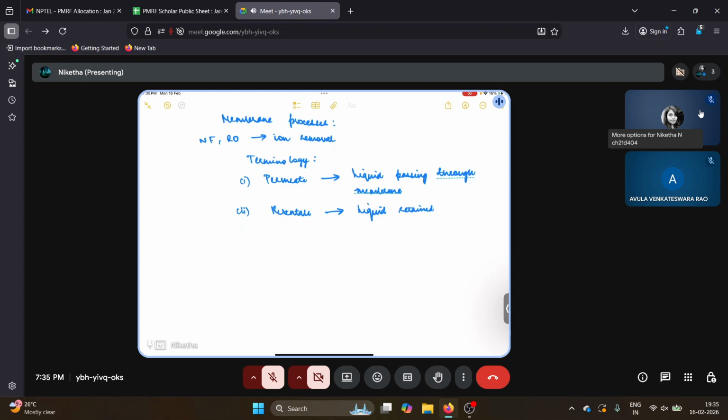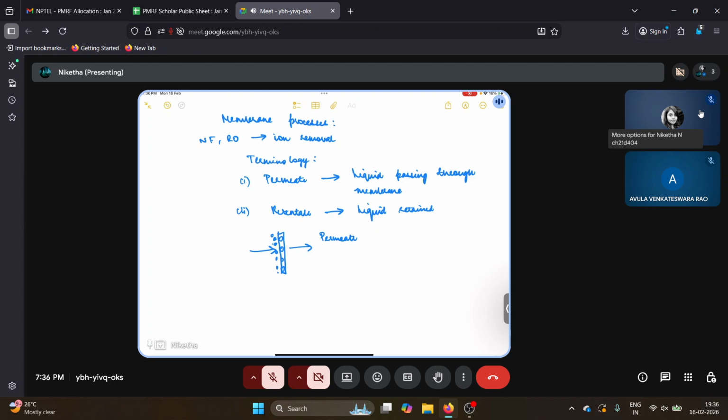Retentate means when you have the membrane like this, it has got some pores and water is flowing in this direction, so only water is allowed to pass through. The water that is passing through the membrane is permeate, and whatever solids are not passing through will be retained here along with a small amount of water. That is called the rejectate.